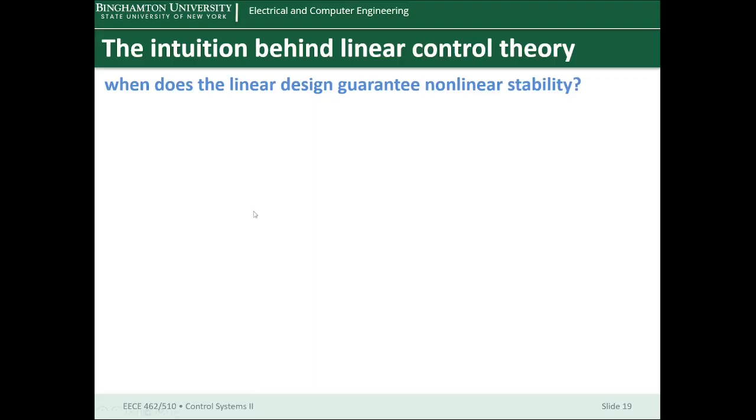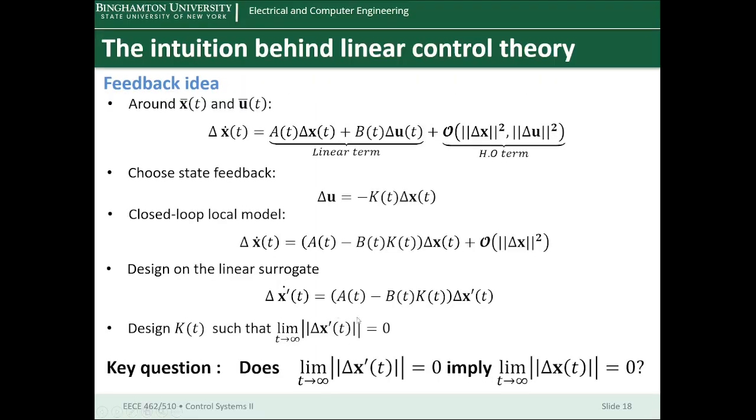Because we say the linear part converges to 0 regardless of any initial condition, then it's a kind of definition of asymptotic stability of this linear system.